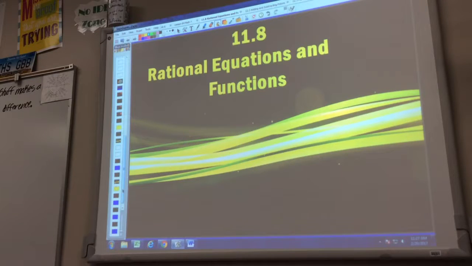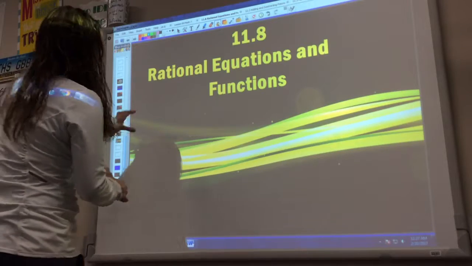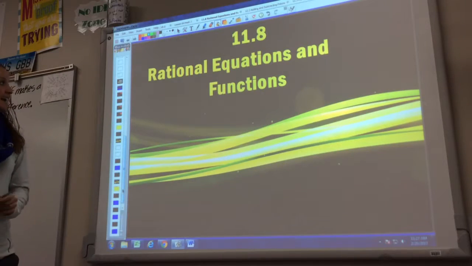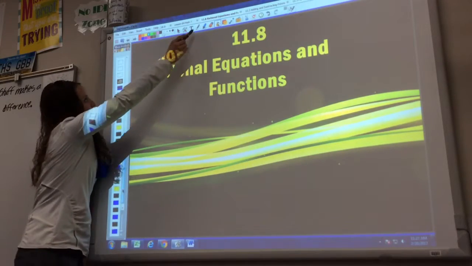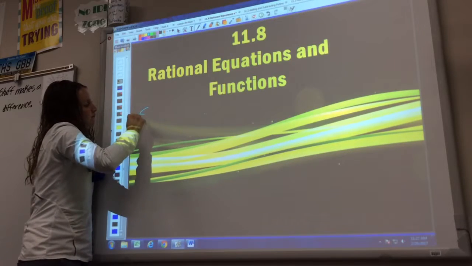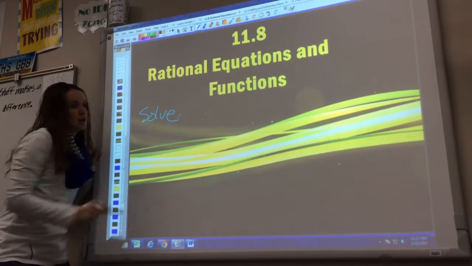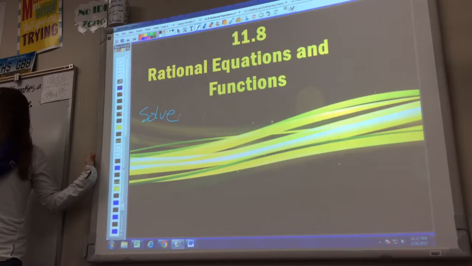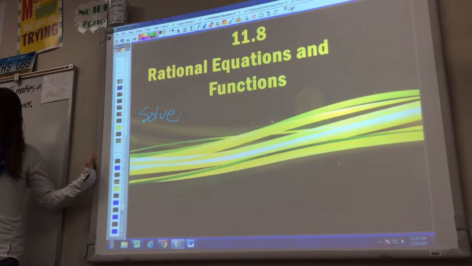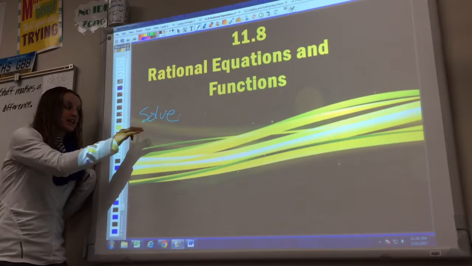All right, so last section of chapter 11, we get to talk about rational equations and functions, and let me prep you for this word today. Rational. Solve. We're going to be solving, and when we solve, because some of you get down to the last couple of steps and then you just stop, we want our final answer to say something like what?